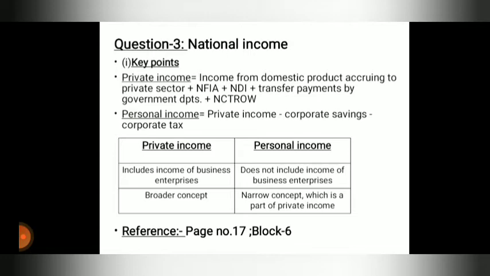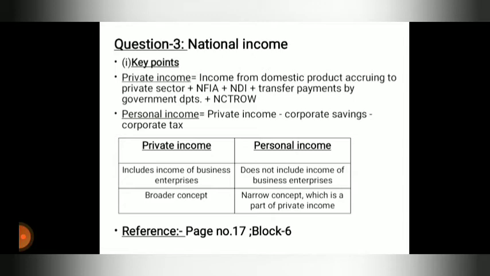But the formula for private income will be income from domestic product accruing to private sector plus net factor income from abroad plus national debt interest plus transfer payments by government departments plus net current transfers from rest of the world. Personal income will be equal to private income minus corporate savings minus corporate tax.